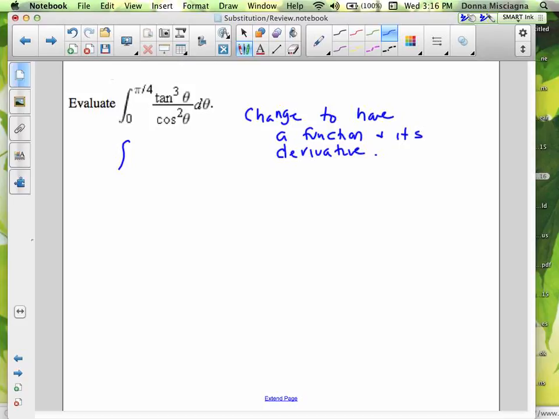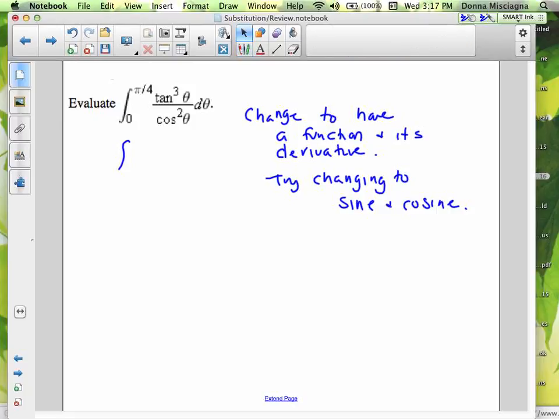So try changing to sine and cosine. If we do that, sine cubed over cosine to the 5th. And then you could pull out a cos. Oh, that's not looking better. Oops. Good job, Russell.